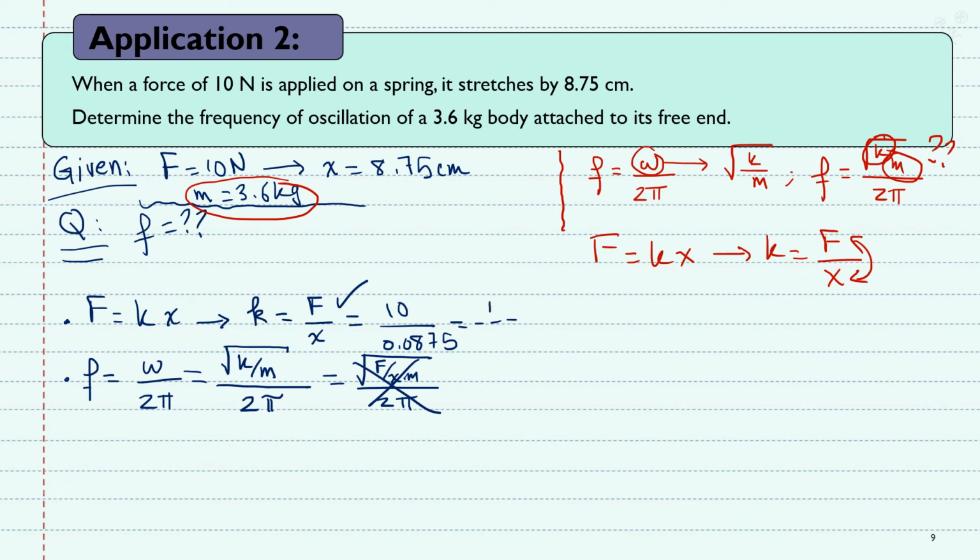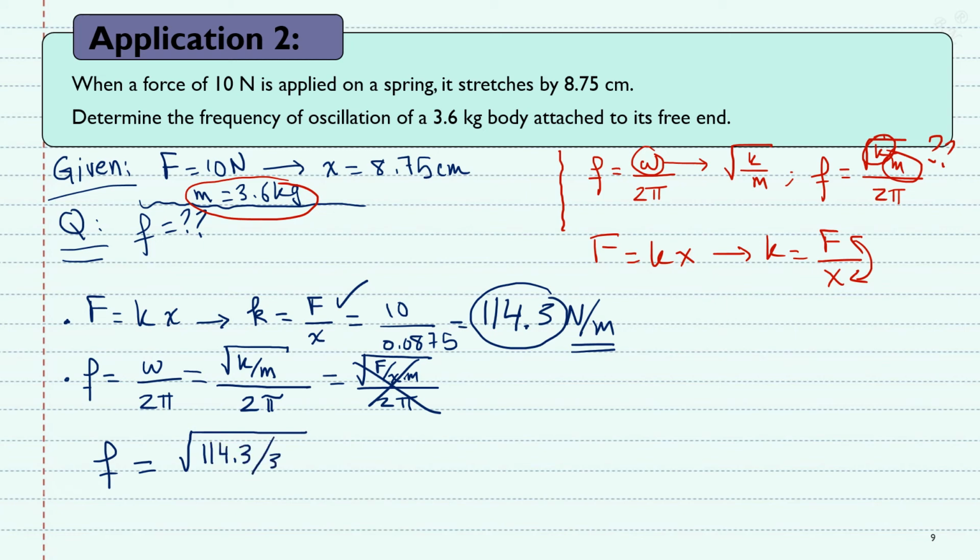So I go back here, 10 divided by 0.0875, and the answer is going to be 114.3 newton per meter. The units here are SI units in fact. So going back to frequency, it is square root of 114.3, which is k, over 3.6, over 2 pi.